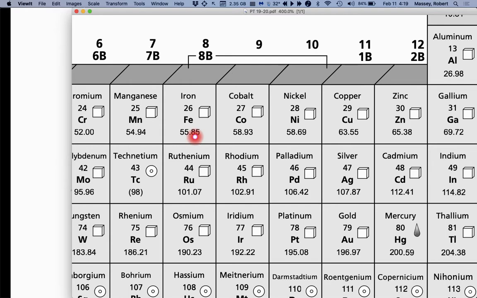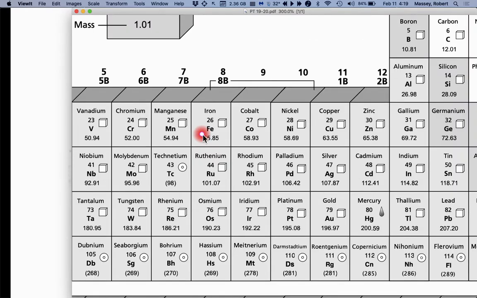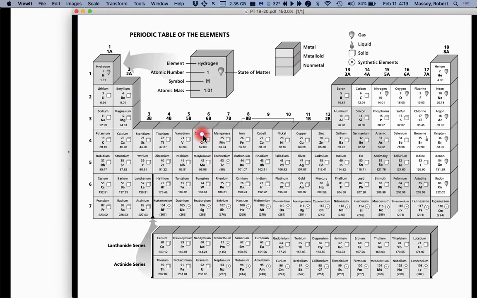Some periodic tables only have one decimal place, some have 5 decimal places. We want to use ones that have the exact same numbers. Also, depending upon when the periodic table was published and who the publisher was, the numbers could be slightly different. Surprisingly, they can change a little bit over time. So anyways, use this periodic table.